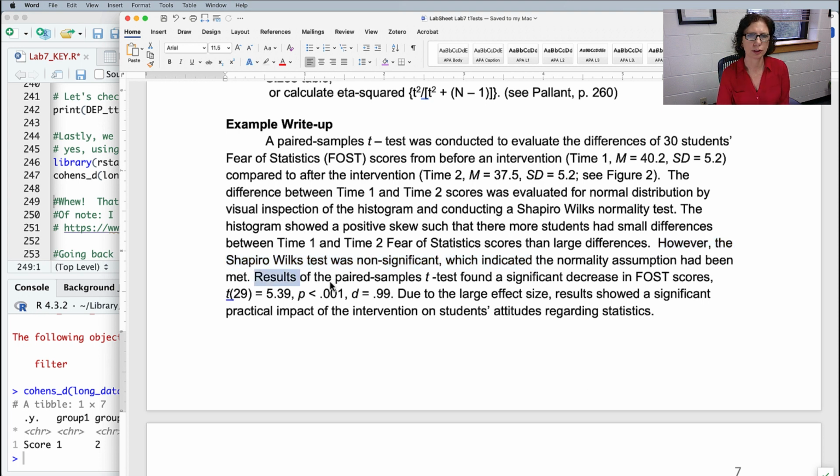Then your results for your test was a significant decrease in the fear of statistics test scores. There's my t line, my stats line. Due to the large effect size, results showed a significant practical impact of the intervention on students' attitudes regarding statistics. So my interpretation statement, what does this mean?